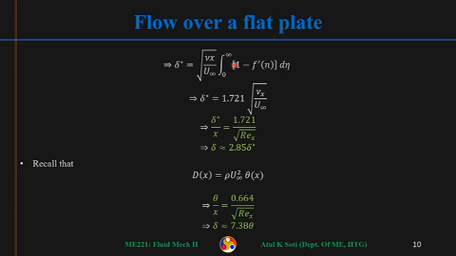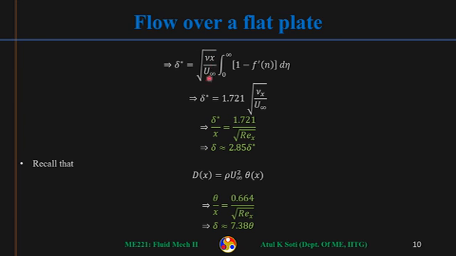Then this can be integrated, so this will come out of the integration, and then we need to integrate 1 minus f prime eta for eta between 0 to infinity, and f prime eta expression you know from series, so that integration can be done, and eventually after integration you will find the expression for delta star.